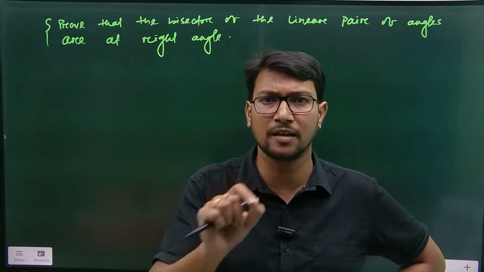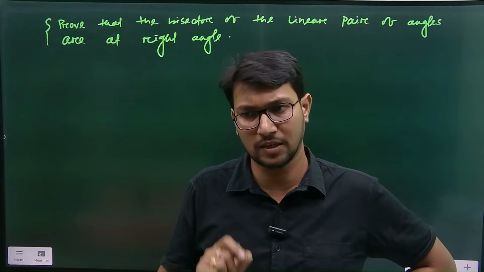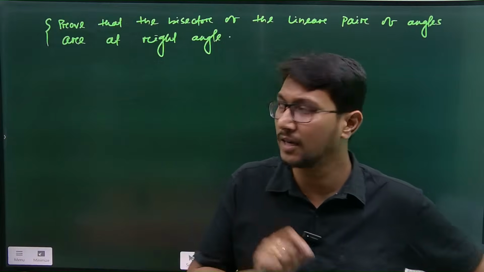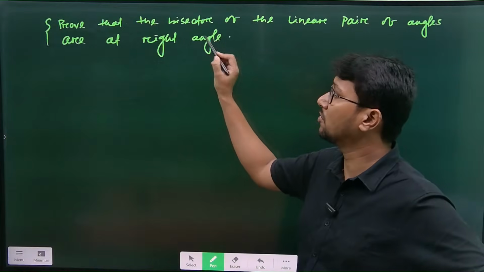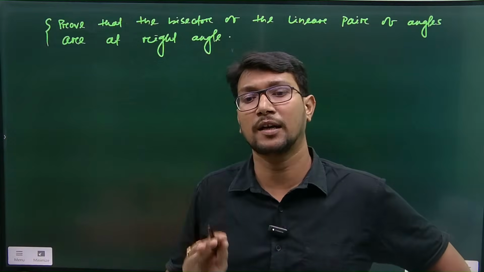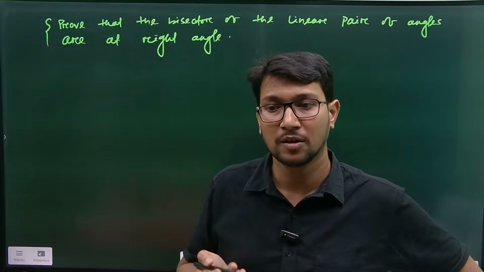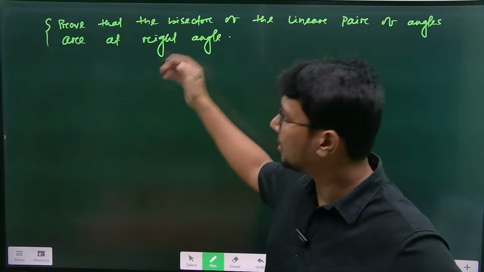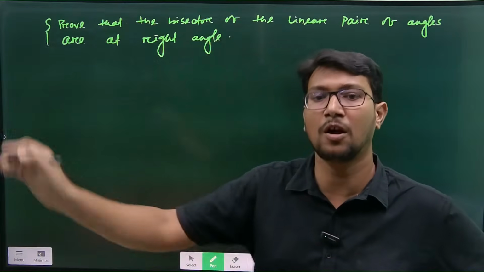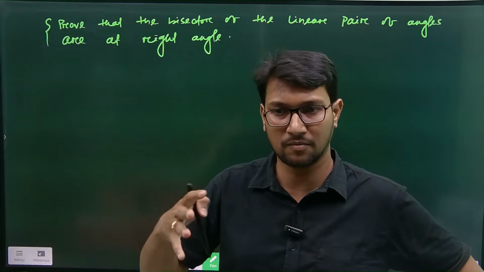It is written clearly in the CBSE marking scheme that if a figure is not given and you draw it, you get 1 mark. But how will you draw if you are not habituated? So whenever you do a geometrical question, always draw the figure. Then you'll get habituated. Everyone clear?